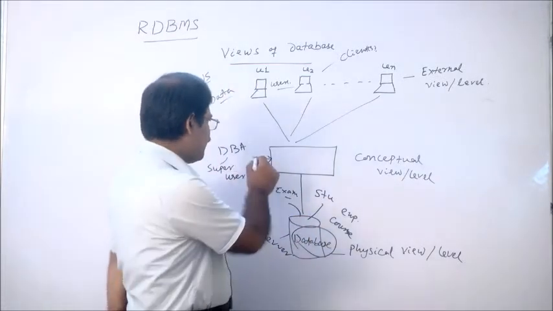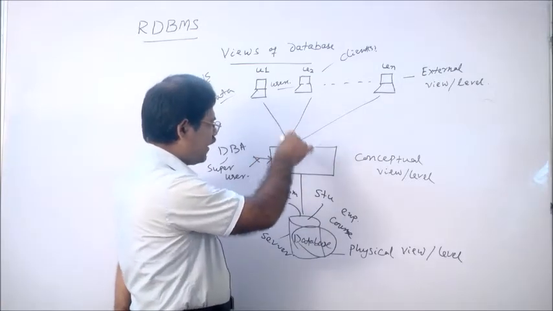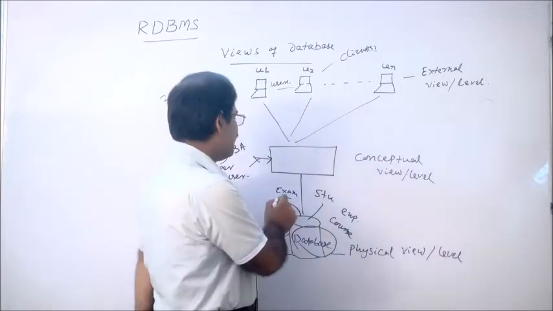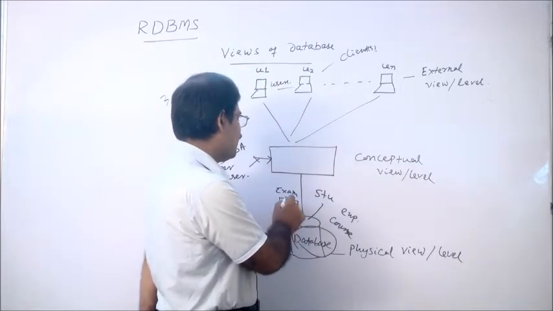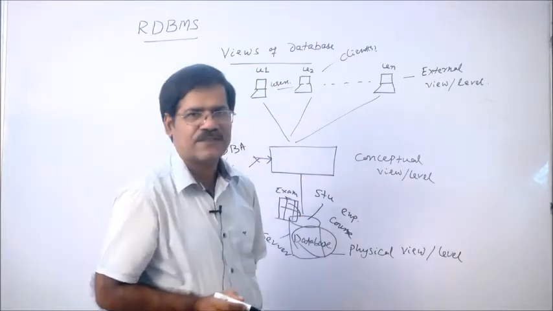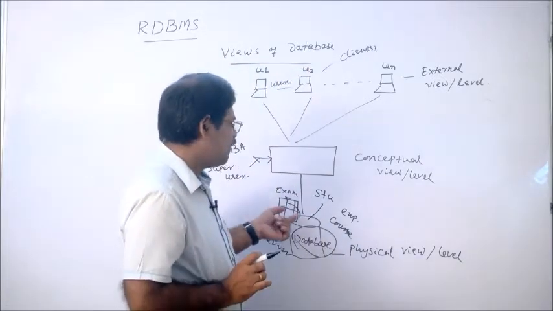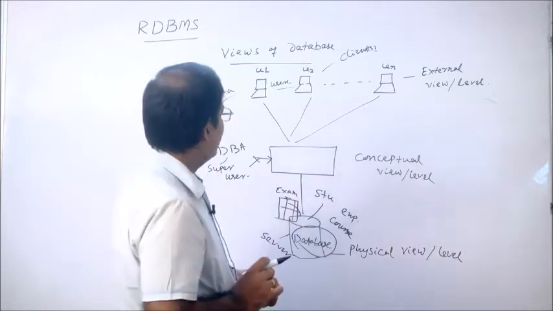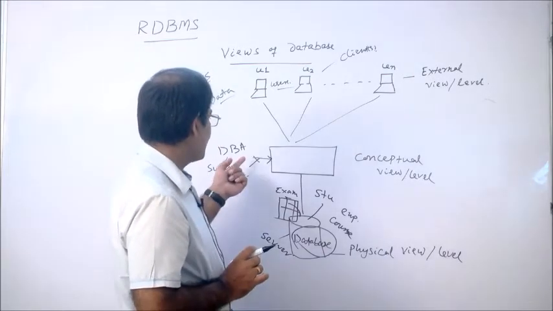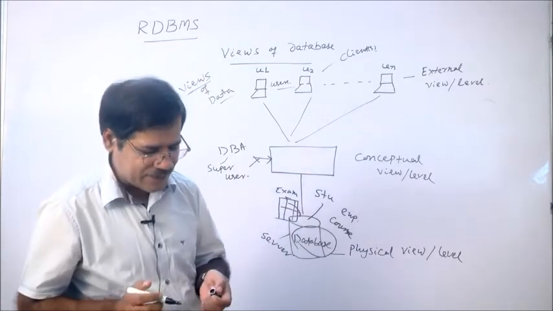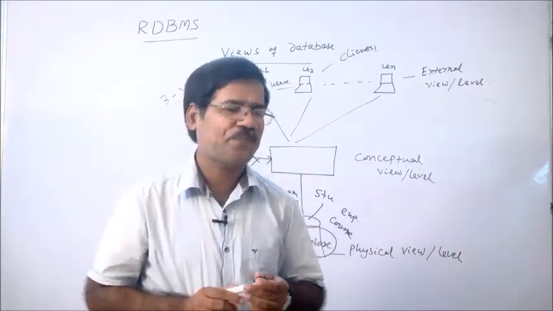If there is no DBA, all the users will access each and every table. The exam table is very confidential and should not be accessed by every user. If all the users access the exam data, they will manipulate it. So the DBA is the controlling authority who provides permission to users on which part of the database will be used by which user.